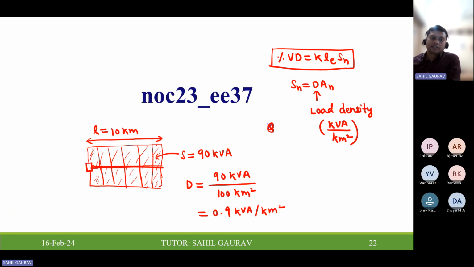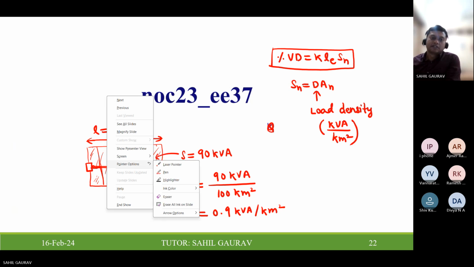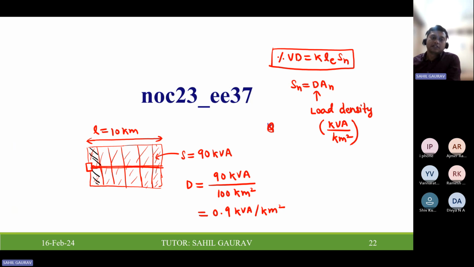So in this area the load is 0.9 kVA, and another set will be similar, and it gets added up. So just correlate with the unit of area. You have to go per unit of area. It is a much bigger division, so just see that.